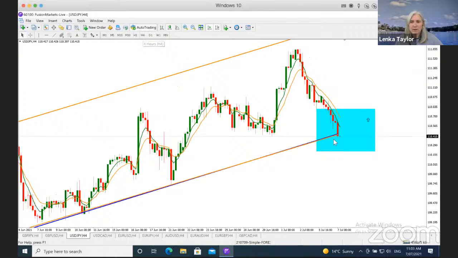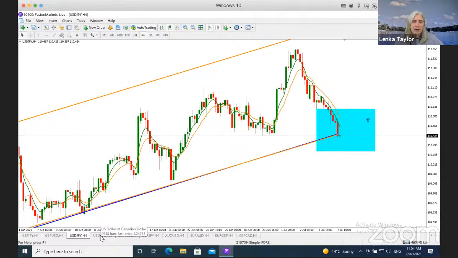As long as it's not broken out, I'm still looking for a long around this area if there is a really good reversal. If it continues to keep going down, then we wait for a retest before taking a short position. At the moment, I'm still looking for a long unless I see the breakout on this 4-hour time frame.